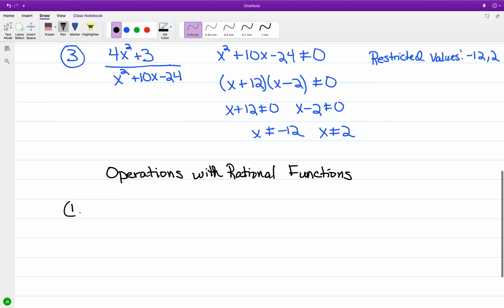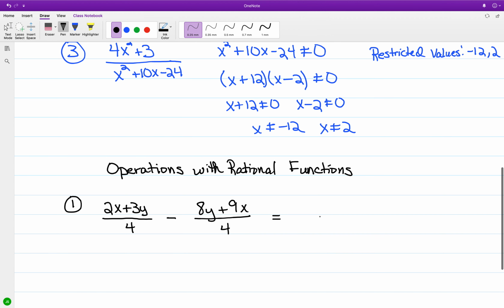If we're adding a couple of rational expressions together that have the same denominator, say we have 2x plus 3y over 4, minus 8y plus 9x over 4.